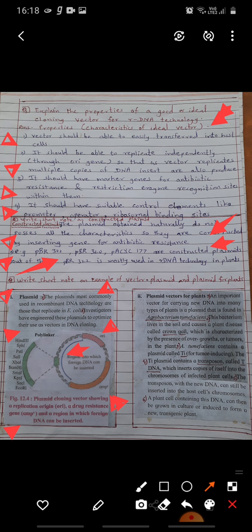The next one, that is, plasmid vector for plants. An important vector for carrying new DNA into many types of plants is the plasmid found in Agrobacterium tumefaciens.